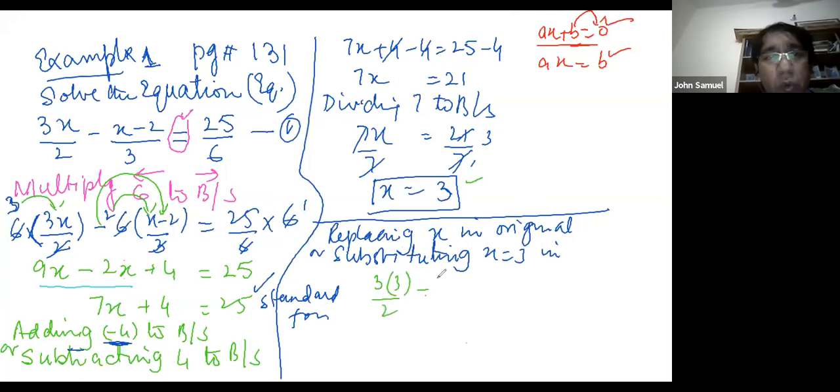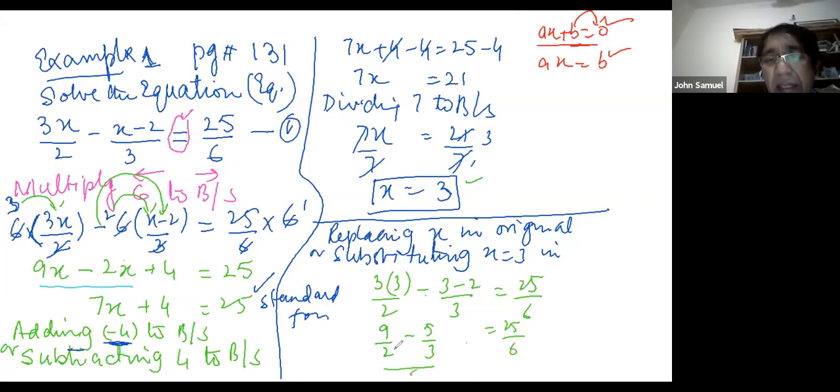So 3 into 3 over 2, minus 3 minus 2 upon 3, is equal to 25 upon 6. Now 3 times 3 over 2 is 9 upon 2, minus 5 upon 3 is equal to 25 upon 6. You can take the LCM here.